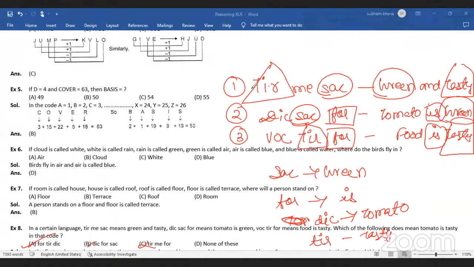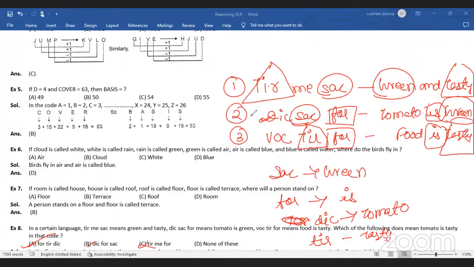Does anyone have any doubt in this? Is this option understood? Yes or no? Explain again, sir. Beta, see what you have to do, how you take dick for tomato. See here. The other two, green and sack for, are gone. Now in the second statement, what is remaining? Tomato is remaining and the code dick is remaining. So the code for tomato is dick.